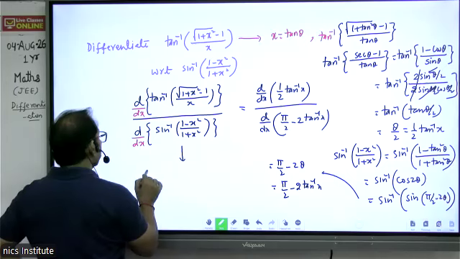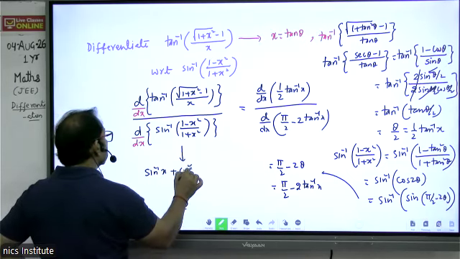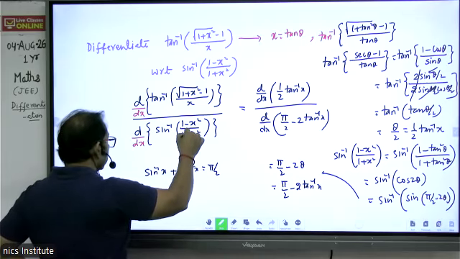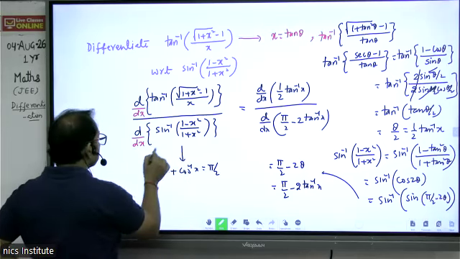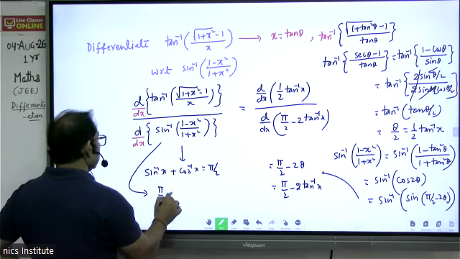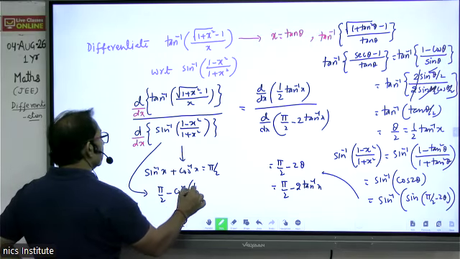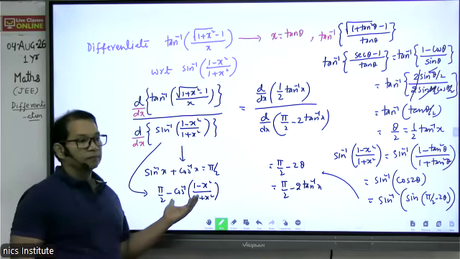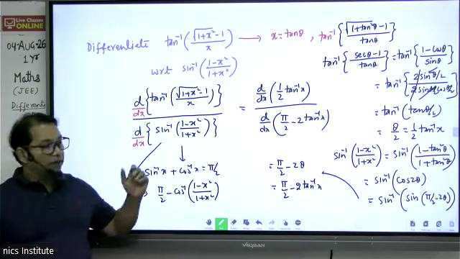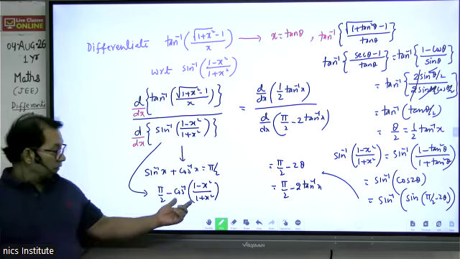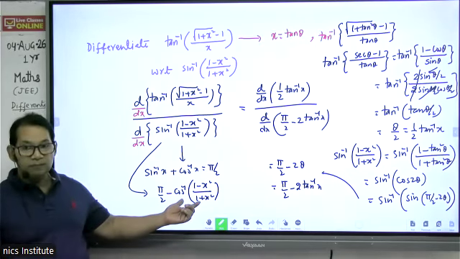And otherwise you can use this also. Sine inverse x plus cos inverse x is pi by 2. If you know that this is the identity of cos 2 theta, you can convert this using this result. This you can write as pi by 2 minus cos inverse of 1 minus x square over 1 plus x square, and this is basically the identity of 2 tan inverse x.